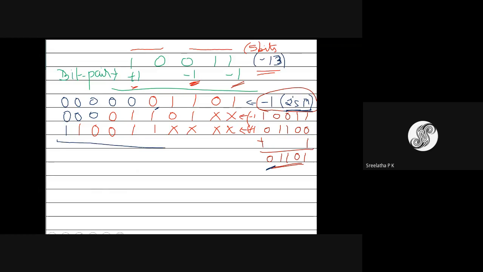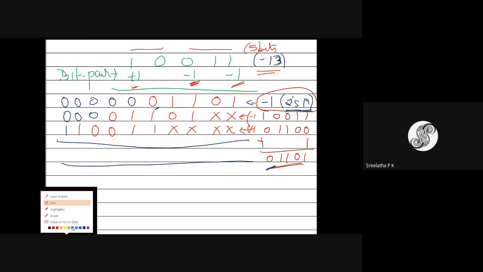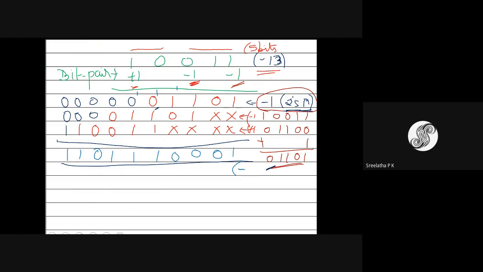Now do the summation. The summation here gives me the sum. From this value I know that it is a negative value, because the MSB is 1.